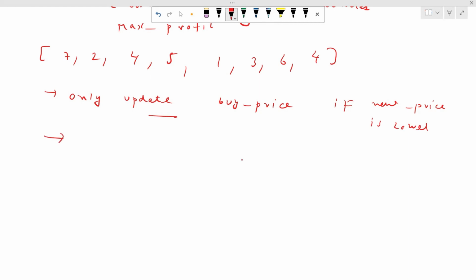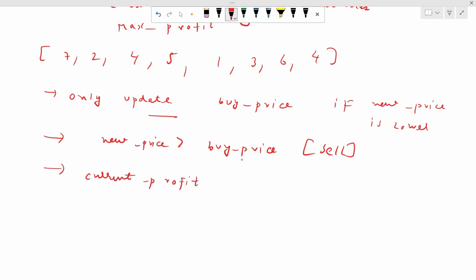And when new price is greater than buying price, then we need to sell. The third thing is how we calculate the current profit, which is very simple. Current profit will be equal to current price minus buying price.